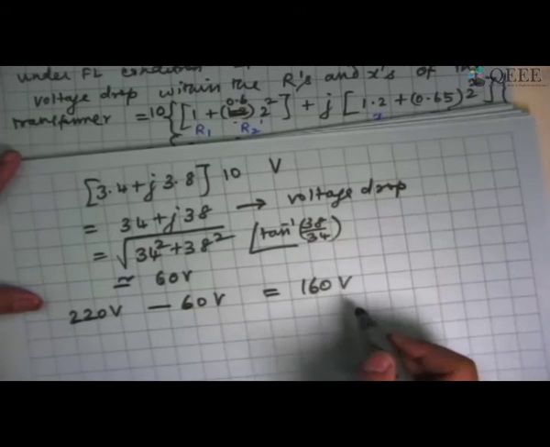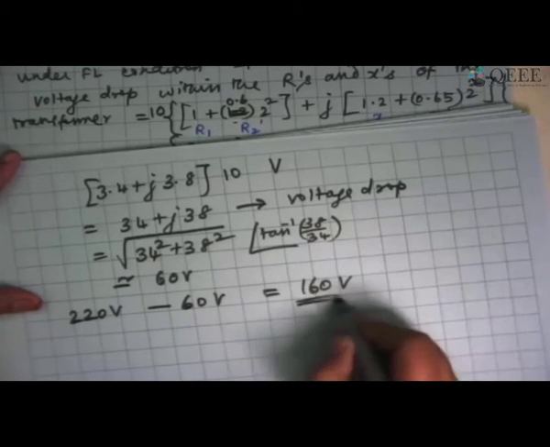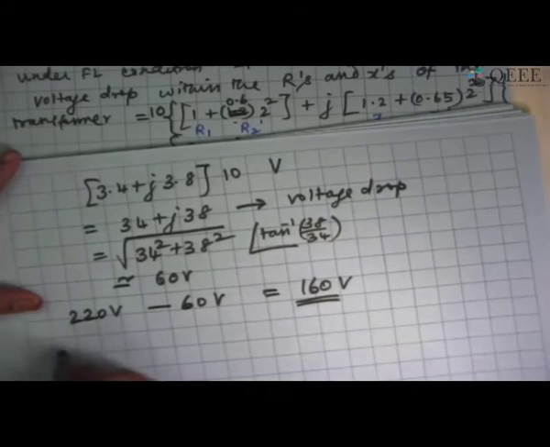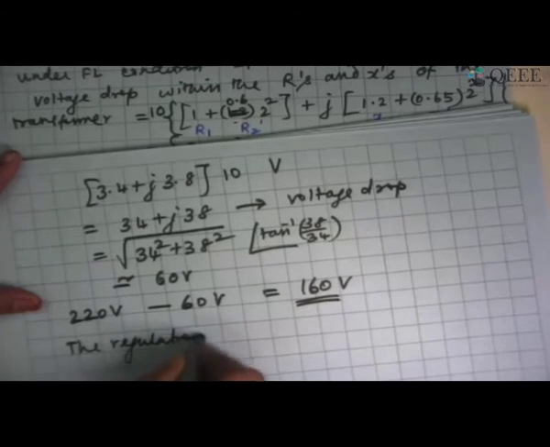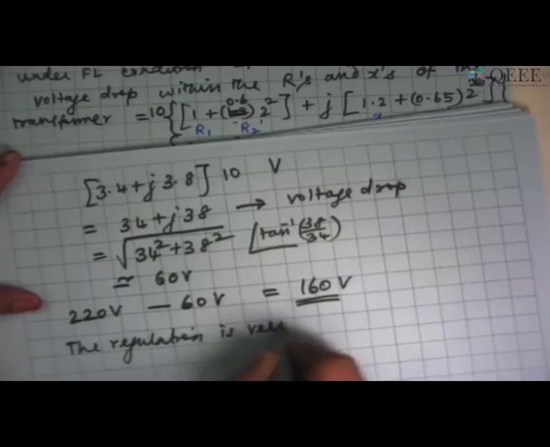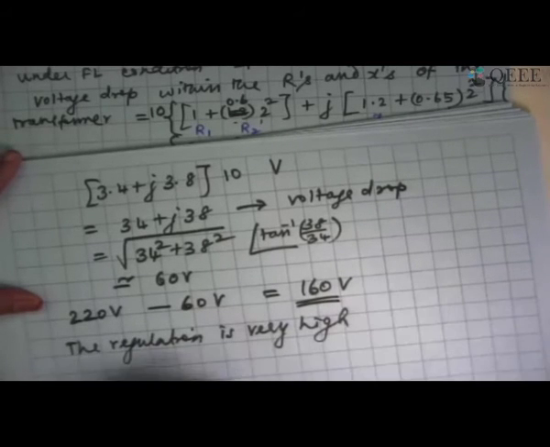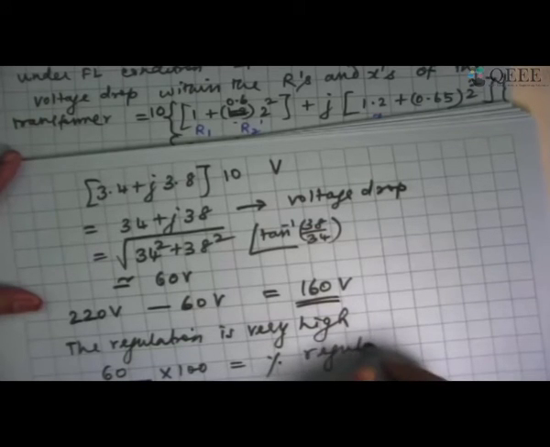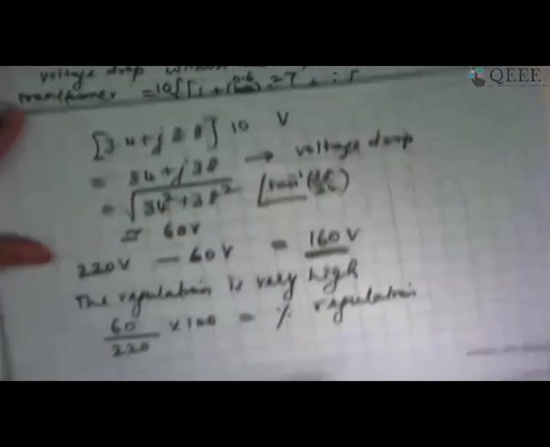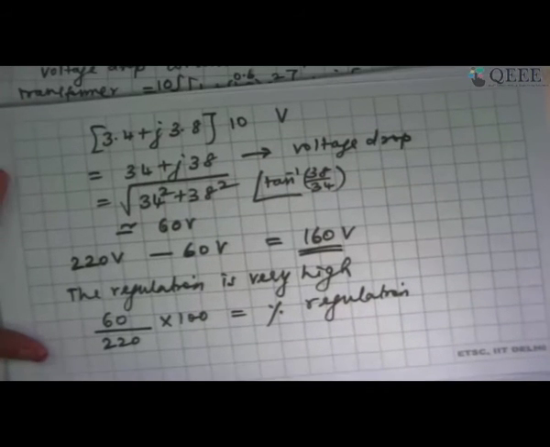So this transformer has a huge voltage drop, and the secondary side voltage is going to be really, really small. So the regulation is very high. I have to calculate the regulation now: 60 divided by 220 multiplied by 100 is the percentage regulation in this particular case. So it is definitely not a good transformer.